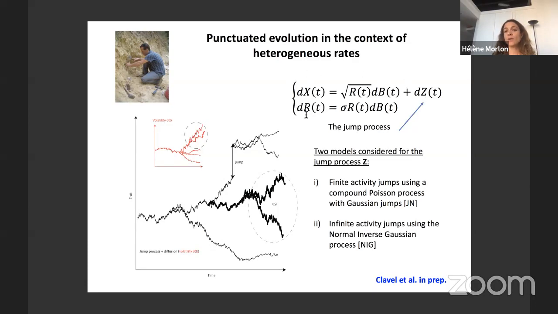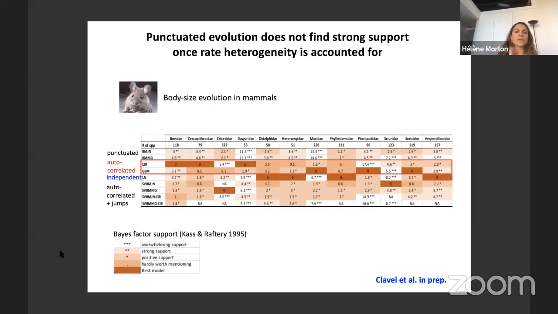So we have the stochastic volatility processes with rates that can vary across branches in the phylogeny, but we add periods of jumps in trait values, with different possibilities to model the jumps. And when we do that, this is a pretty preliminary result, but what is highlighted in red are the models that receive the most statistical support. And what we find when we consider both the variation in rate and jumps is that the models with pulsed evolution are not supported anymore.